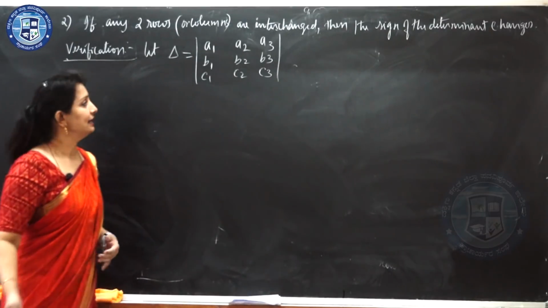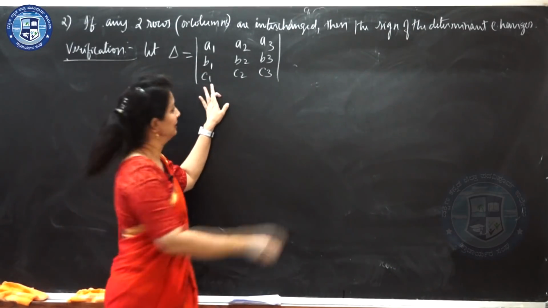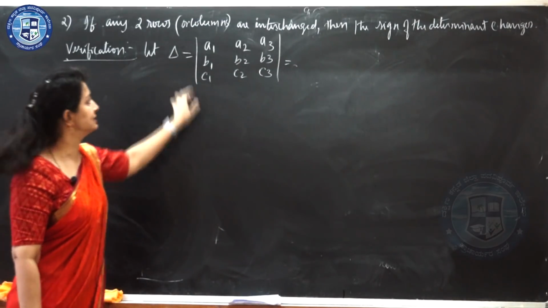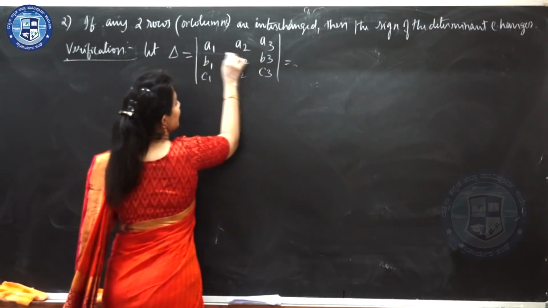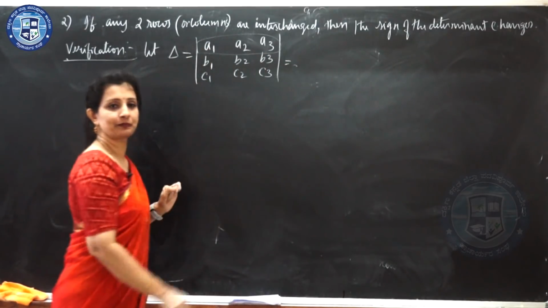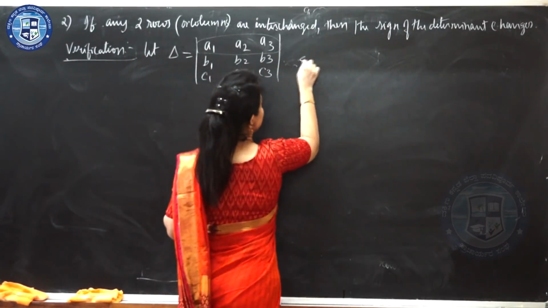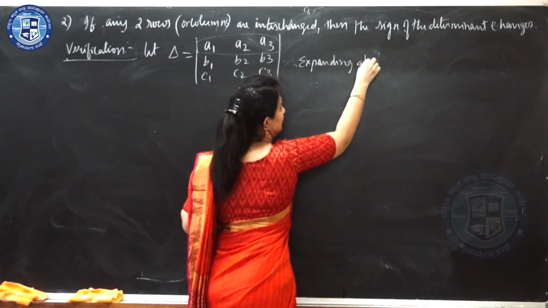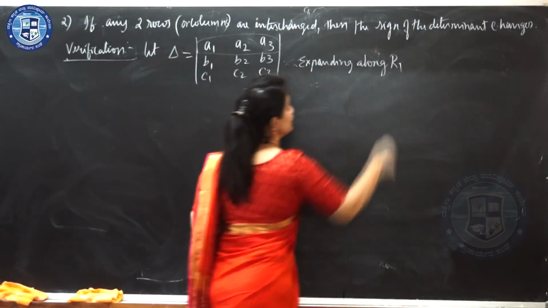Let us take the determinant as delta. Expand it along the first row, students. First row. Expand it along R1. Okay. So, expanding along R1. What do we get?